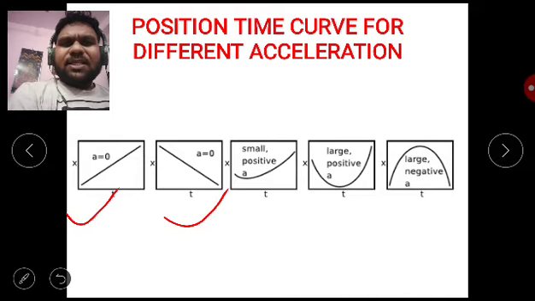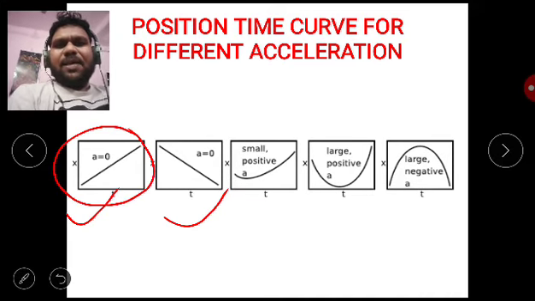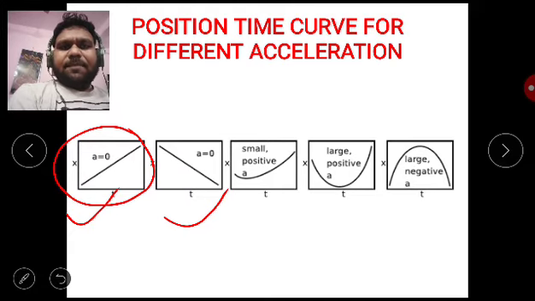When acceleration is 0 and velocity is positive, the position-time curve is an upward sloping line. And in this case also acceleration is 0, but the line is downward sloping, which means velocity is negative.